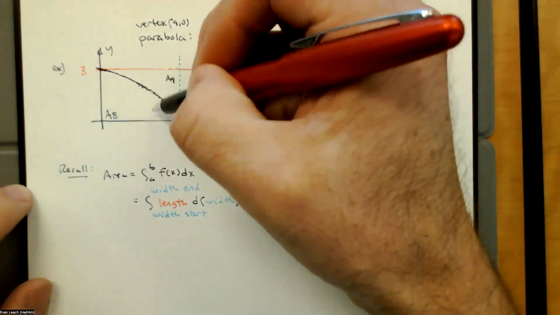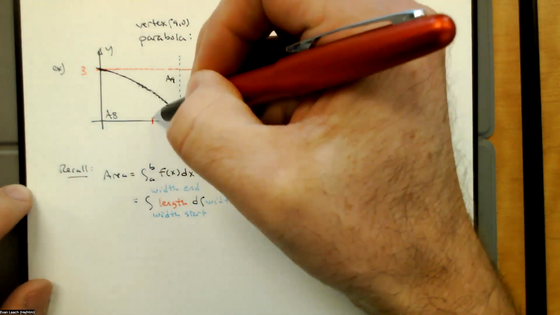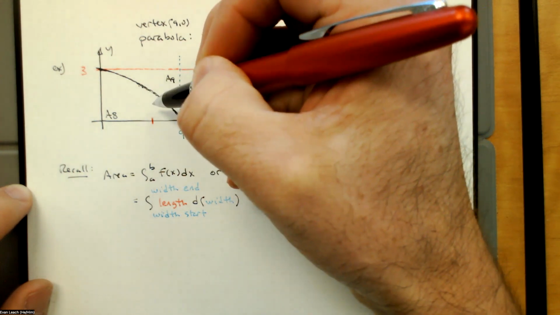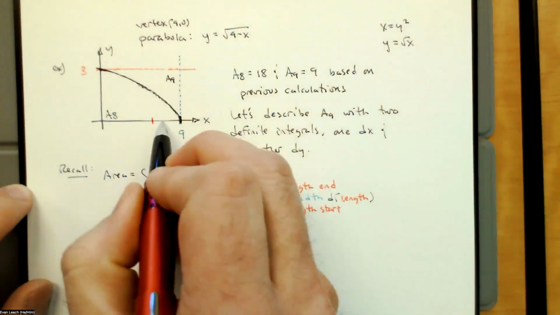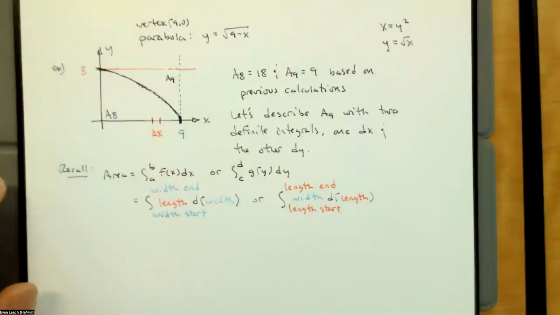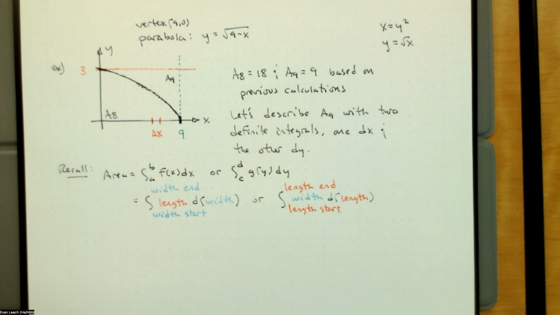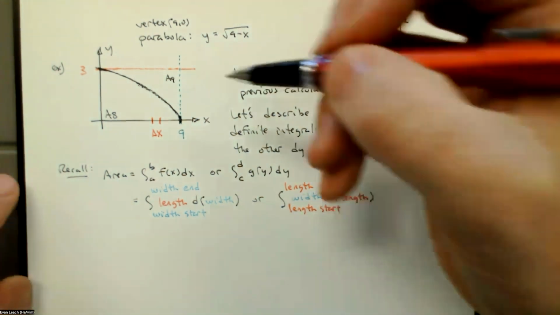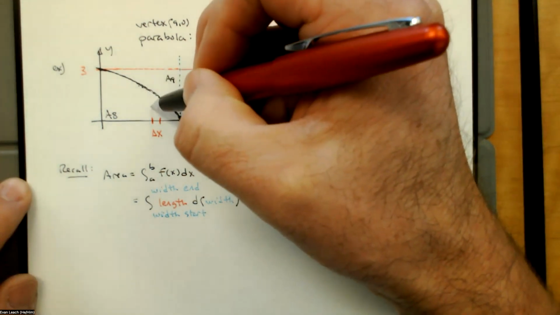So for a particular value of x, I'm going to use a fixed height for some small change in x. I'm going to say the length is going to be constant for this whole delta x. I just need a length to represent the rectangle. So I'm just going to go up to the function here.